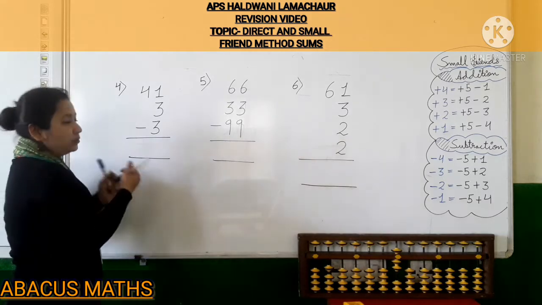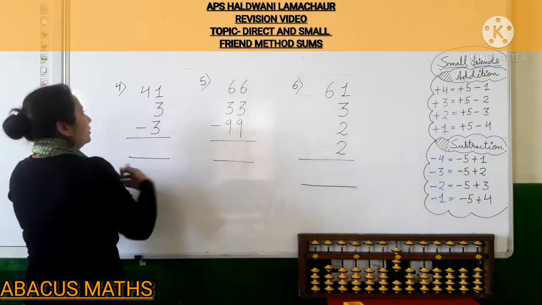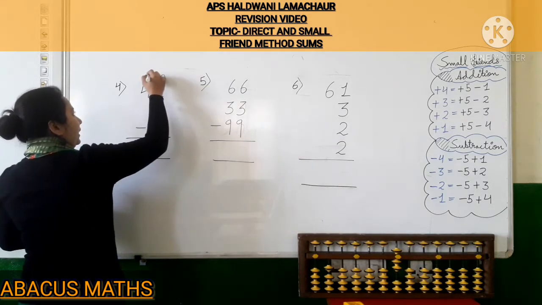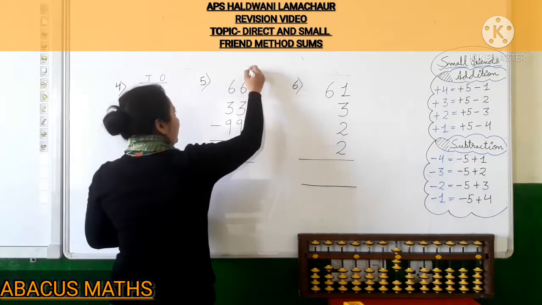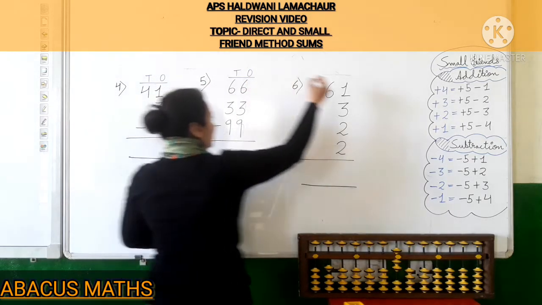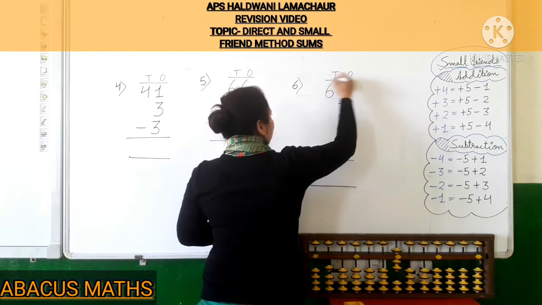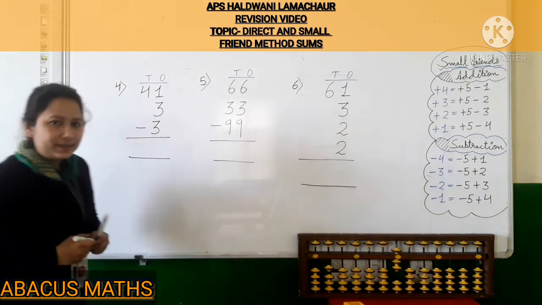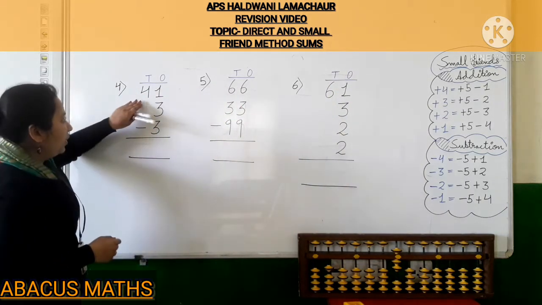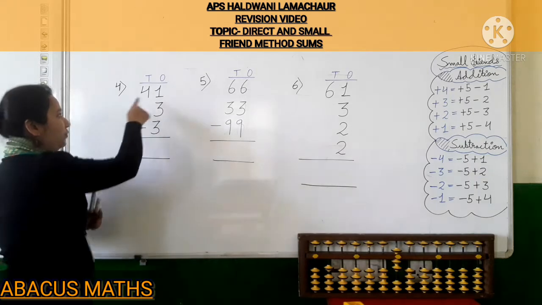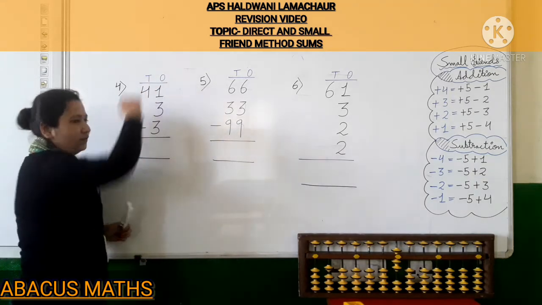Now let's start. As you know, it's a two-row sum, so the first row will go in ones and the second in tens. Same here, ones, tens. First of all, put 41, means 4 in the tens rod and 1 in the ones rod.